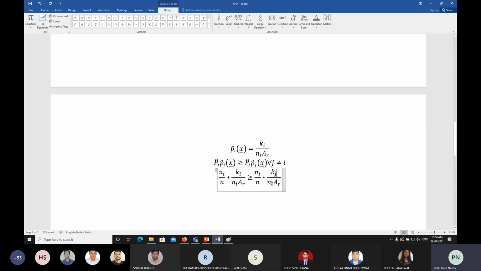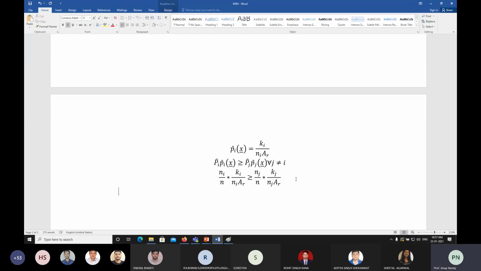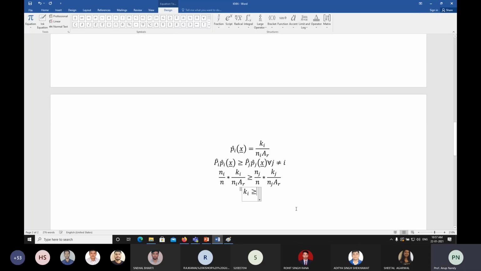So all these things are constant. Ni by N and Ni here, you can just cancel out. Then you will establish this Ki is greater than or equal to Kj.